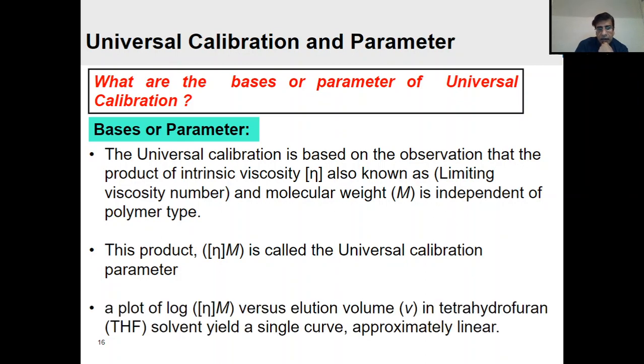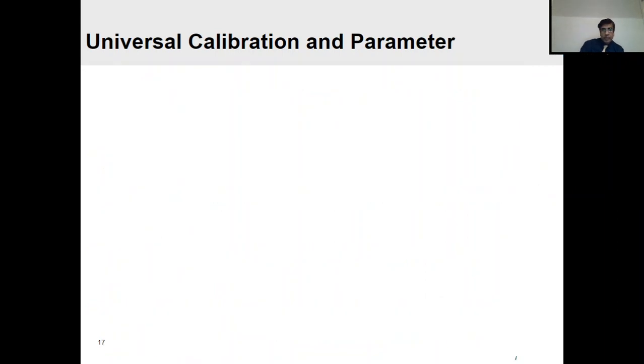Now let's see how this is going to work. If you plot the log of the universal calibration parameter against the elution volume, meaning the volume required to show one peak on the GPC machine, with the solvent used being tetrahydrofuran in this case, then this will give you a single, approximately linear curve, shown in figure 2.11.